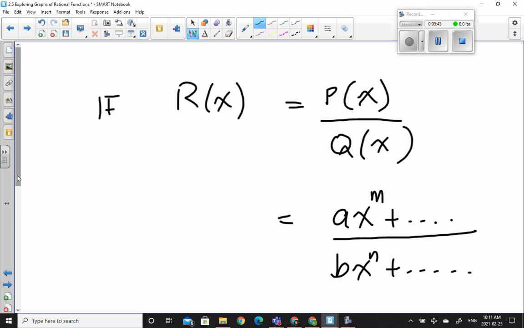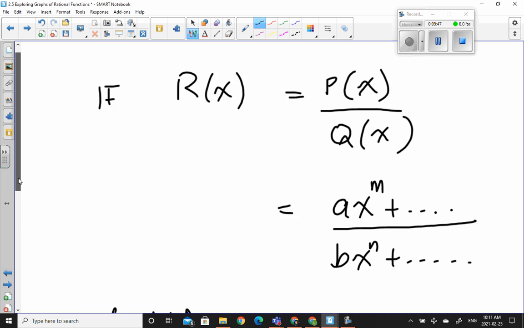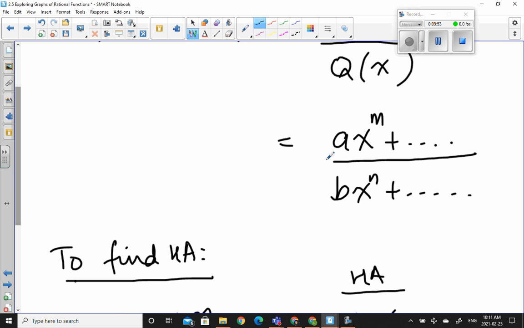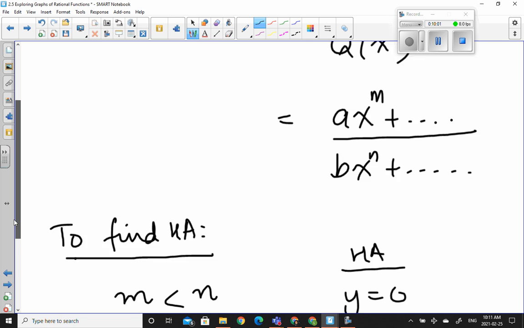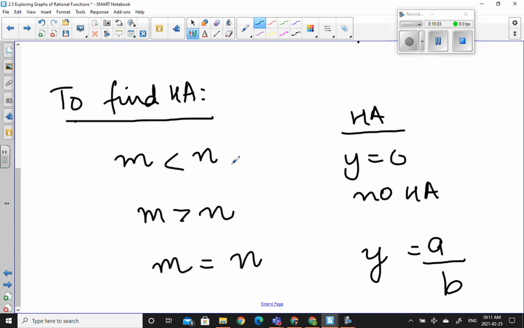So there's a summary of the horizontal asymptote. If you look at the textbook definition, you would say if you have a function r of x, which is p of x divided by q of x, represented as ax to the power of m and so on, divided by bx to the power of n and so on. To find the horizontal asymptote, you have three scenarios.